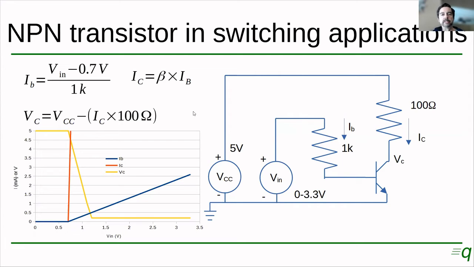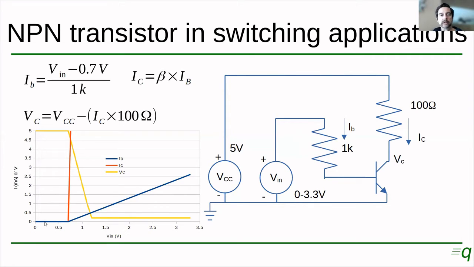So let's see what happens when we start increasing Vin, our input voltage, from 0 to 3.3. But first, our base voltage is 0, and our base current is 0 as well. That's this blue trace. Because our base current is 0, our collector current is 0 as well.